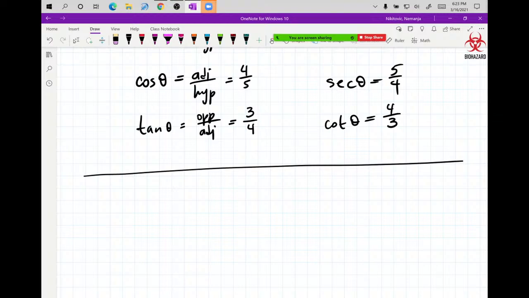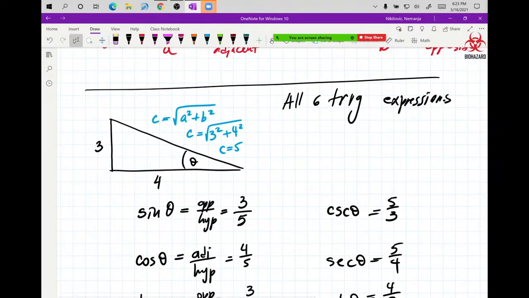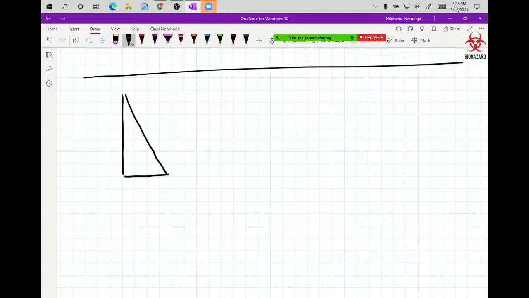So we can have any numbers, and you can always use the Pythagorean theorem to figure out the missing side. So if I have now the triangle that, let's say, stands like this, and this is 62, and this is, let's say, 12, and this is unknown, and let's say the angle is here.